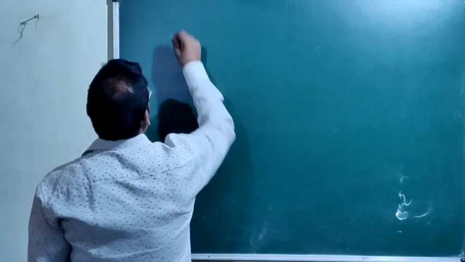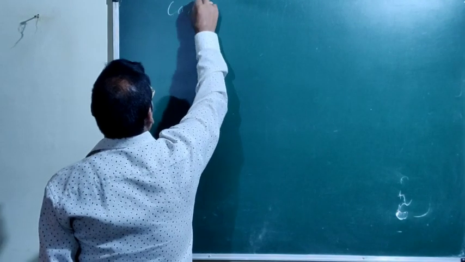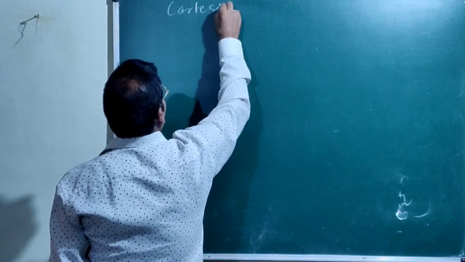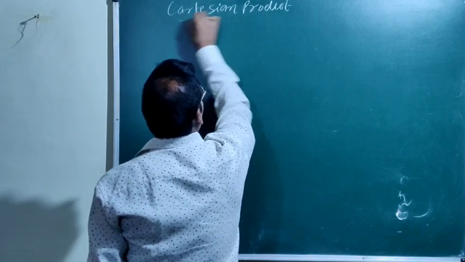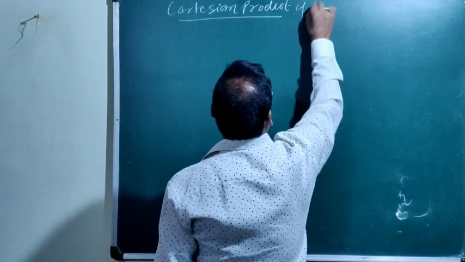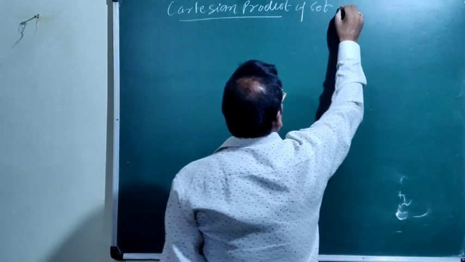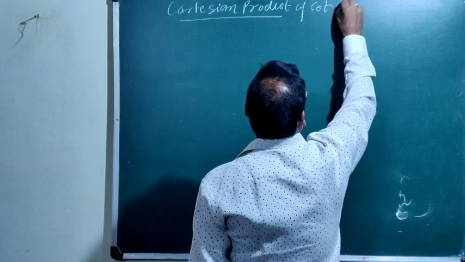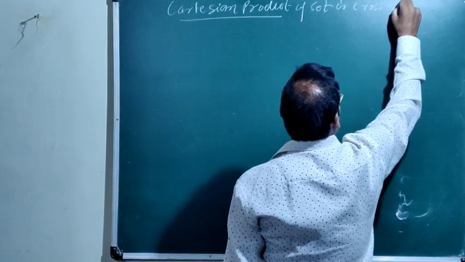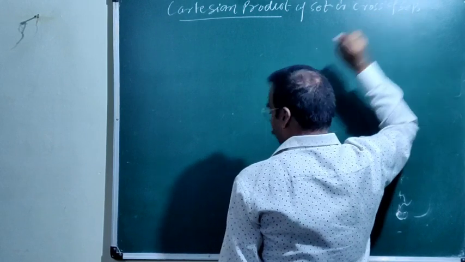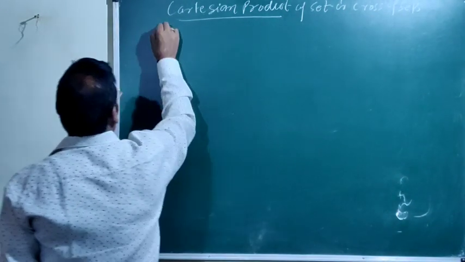Now the Cartesian product of sets, in other words the cross of sets.